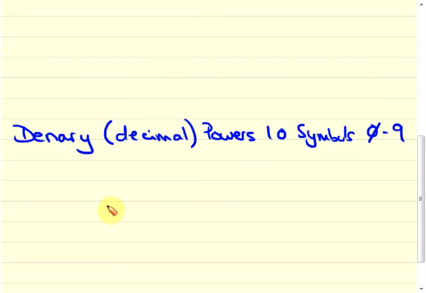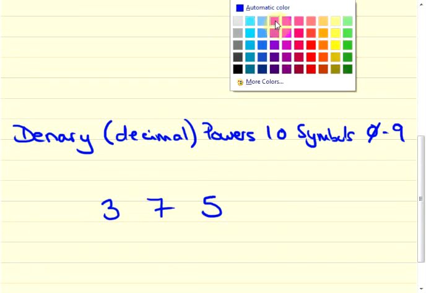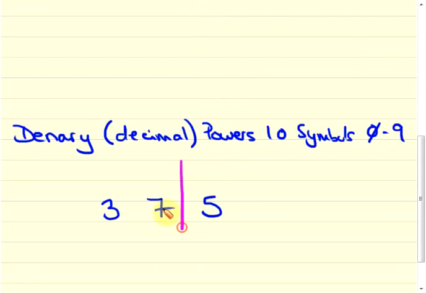Now, if you cast your mind back to primary school, you might remember yourselves writing a number like this, 375, and then dividing it into discrete sections. And at primary school, you were probably told that this was the units column, this was the tens column, and this was the hundreds column.